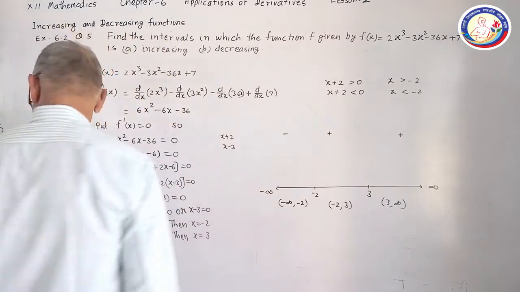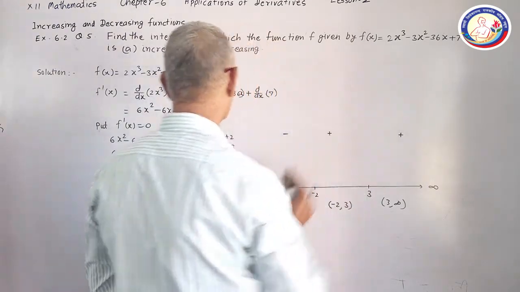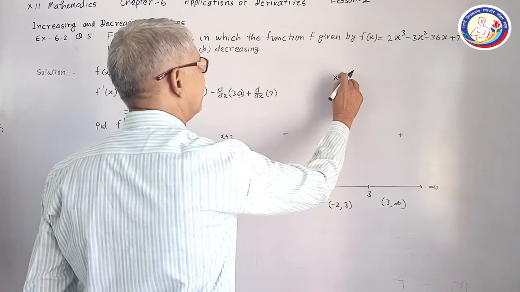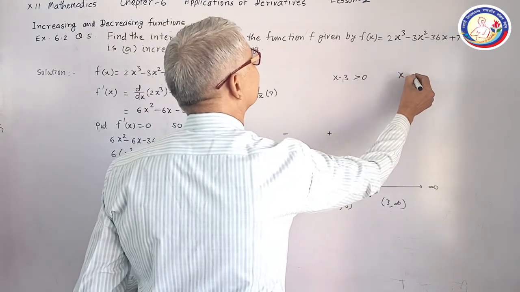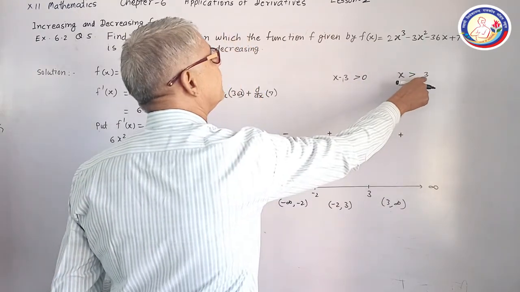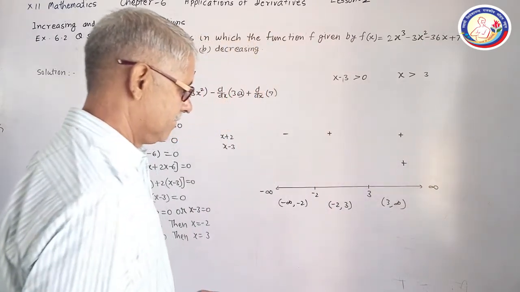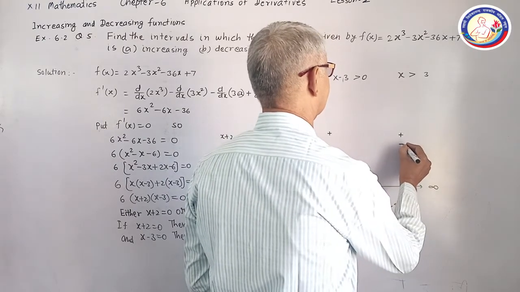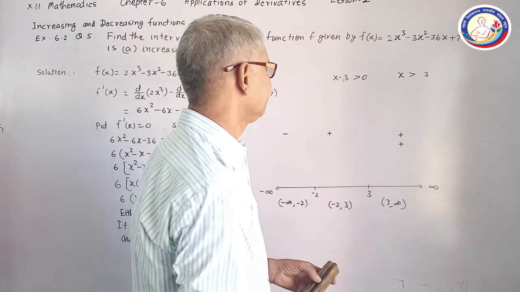Now what about x minus 3? A similar discussion can be given for this. Say in which part it will be positive. I am taking x minus 3 greater than 0. Then x will be greater than 3. This minus 3 here becomes 3. So it will be positive in this part. I am writing it on the line, positive. And at 3 it will be 0.